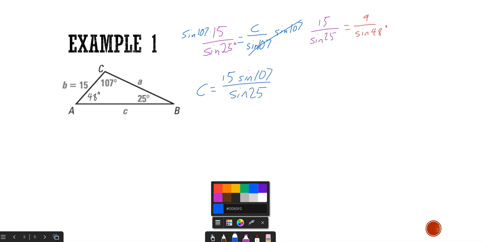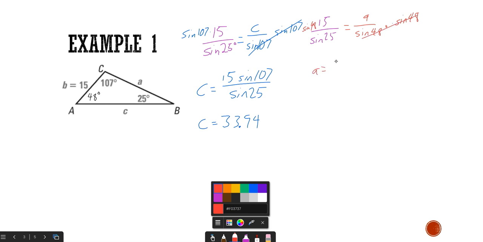Now you're going to want to make sure that your calculator is in degree mode, and then you can type in 15 sine of 107 divided by sine of 25, which is approximately 33.94. We can do the same thing for finding the length of side A. We're going to multiply both sides by sine of 48, and those are going to cancel out.